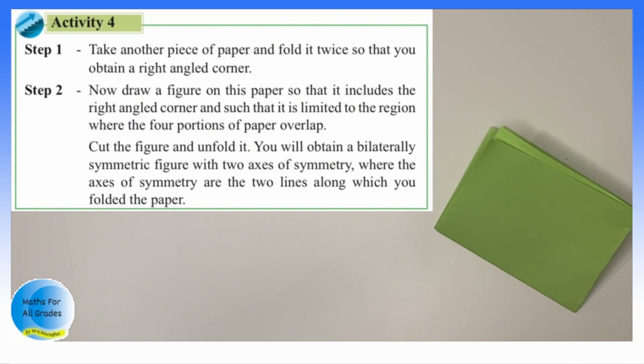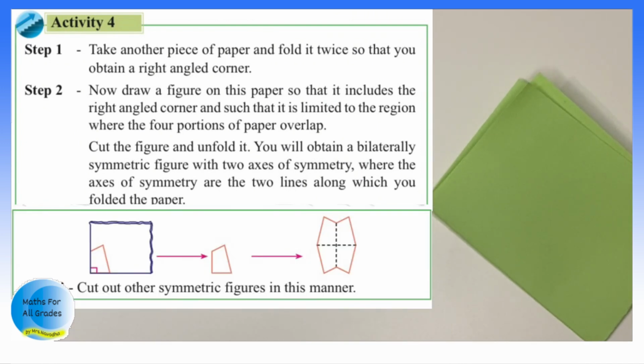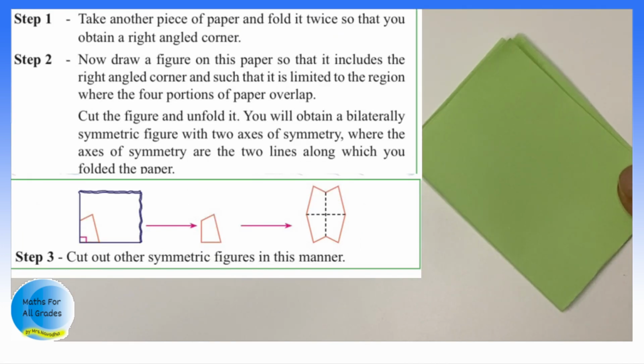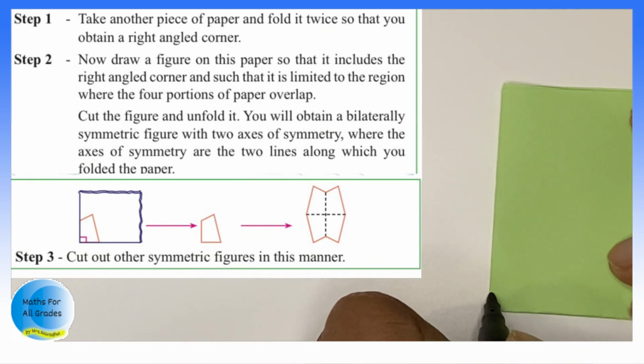You will obtain a bilaterally symmetric figure with two axes of symmetry, where the axes of symmetry are the two lines along which you folded the paper. You can draw any figure you want. I am going to draw the figure in the textbook. So remember where the right angle corner is. So it's in here. Let's draw. This is a right angle corner.